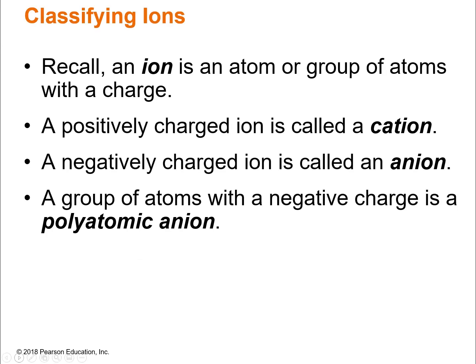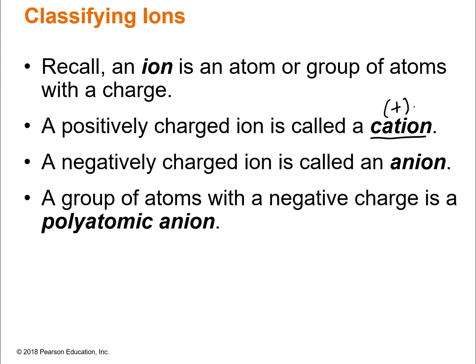So we classified compounds, inorganic compounds. Now we're going to classify ions. Remember from chapter 5 that an ion is just an atom or a group of atoms with a charge. They can be positive or negative. A positively charged ion is a cation.